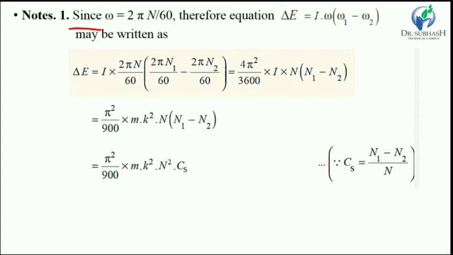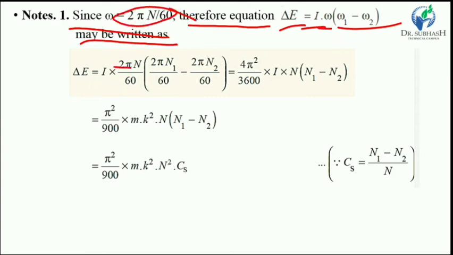Now considering the case omega is equal to 2 pi N upon 60. Therefore the equation of delta E, the maximum fluctuation of energy, is I omega into (omega 1 minus omega 2). Put the value of omega: 2 pi N1 upon 60, 2 pi N2 upon 60.